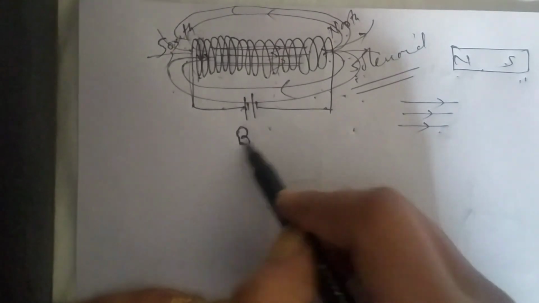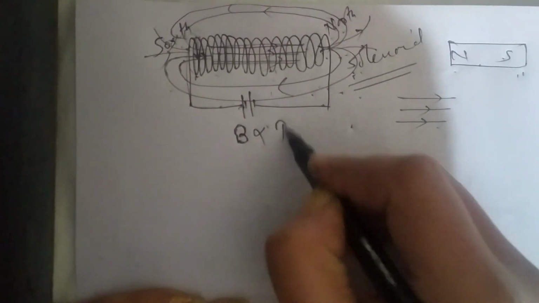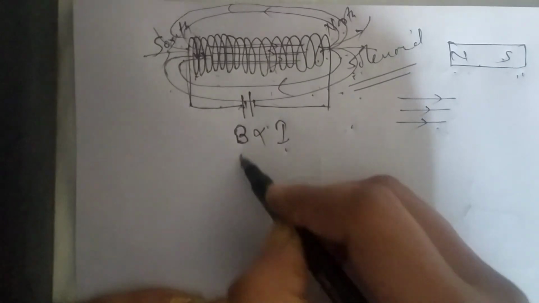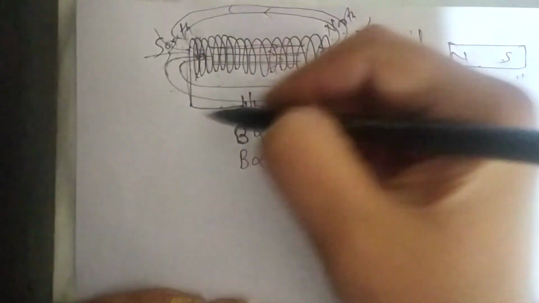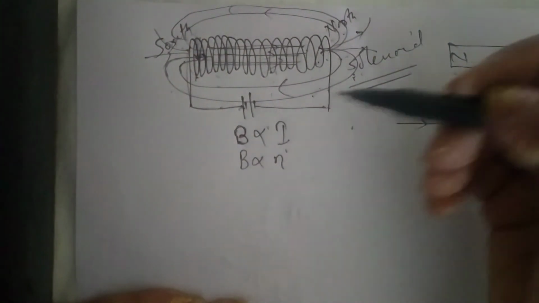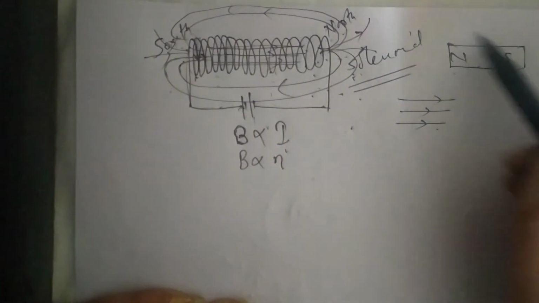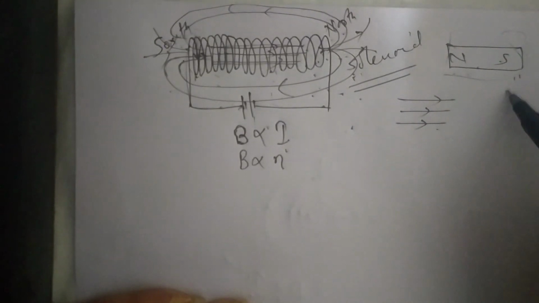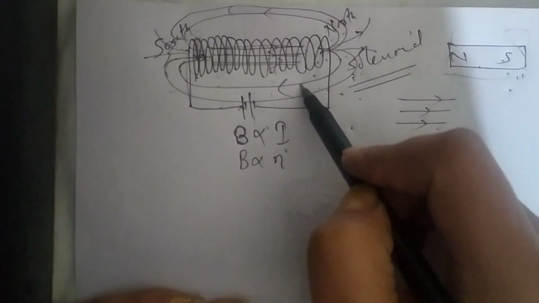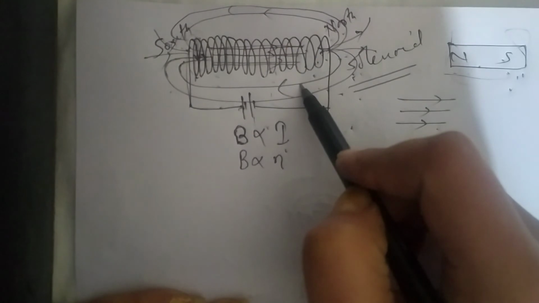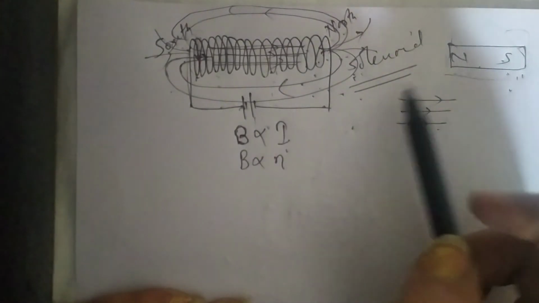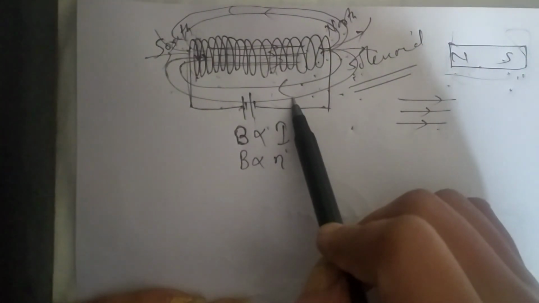You can increase the magnetic field, because it depends upon I, the current, how much current you pass, and it depends upon the number of turns, how many turns you have given. More is the number of turns, more is the magnetic field. More is the current, more is the magnetic field. So in a solenoid the strength can be increased or decreased, but in a bar magnet its strength is fixed. So these are the differences between a bar magnet and a solenoid.